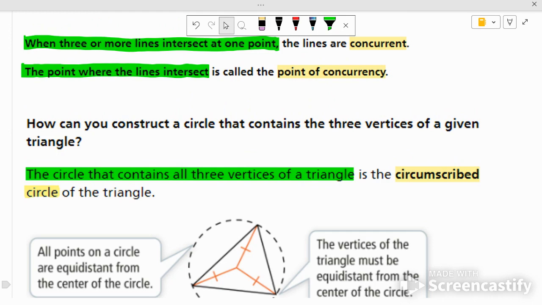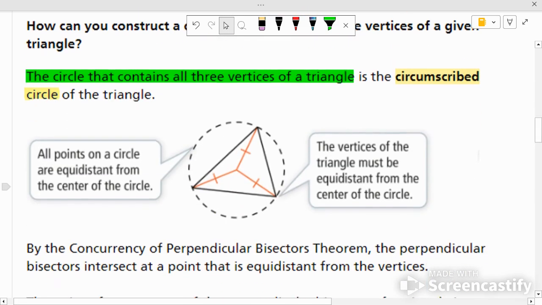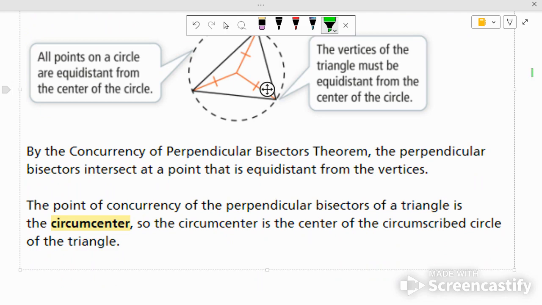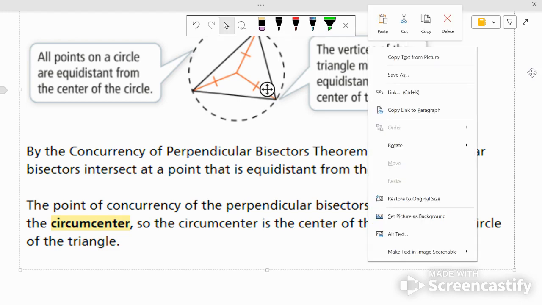Did you get equidistant? It's the same distance from 2 points. So, when three lines come together, it's the point of concurrency of the three perpendicular bisectors.